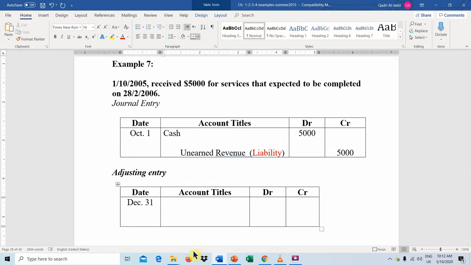So here, I will debit unearned revenue and I will credit service revenue. So this one will be debited by 3,000 and this one will be credited by 3,000 as well.